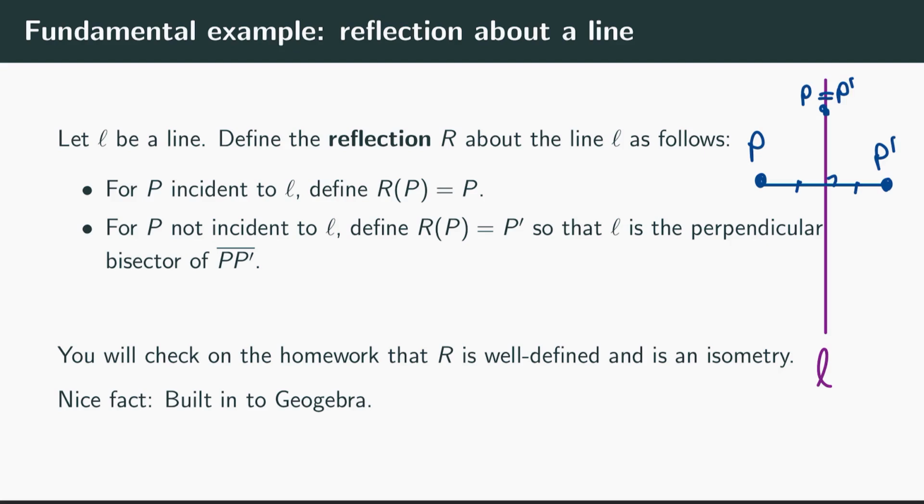Right? So in other words, I'm making L be the perpendicular bisector of the segment PP prime.